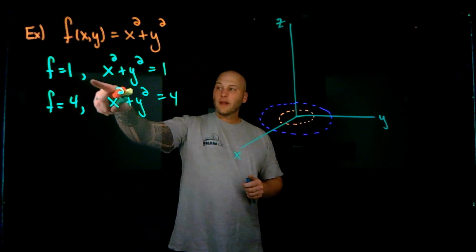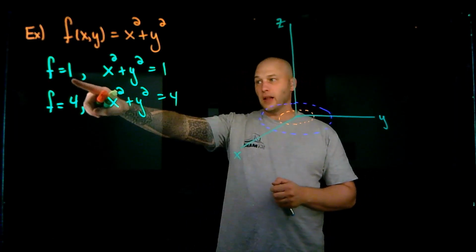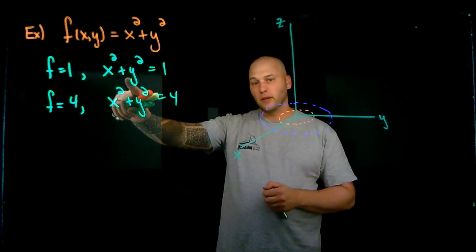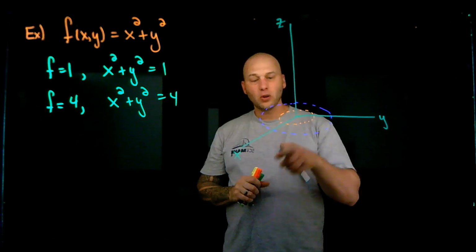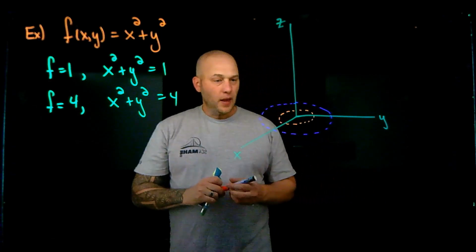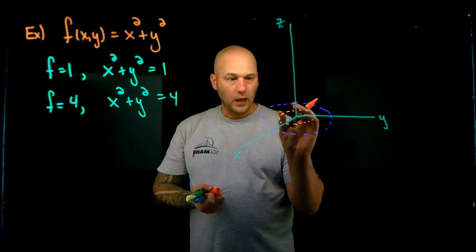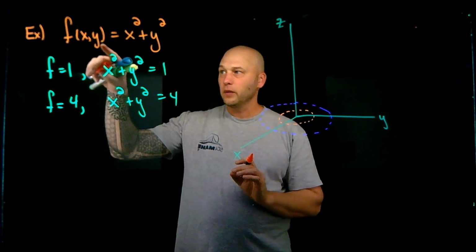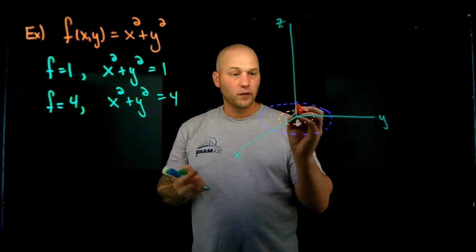The level curve f equal to 1 consists of all the ordered pairs whose function value is 1. This right here tells me what that solution set looks like, and it's this circle. Therefore, for every single ordered pair on this dotted line, those are all input values for this function. If I plug one of those ordered pairs in here, the function value is 1.